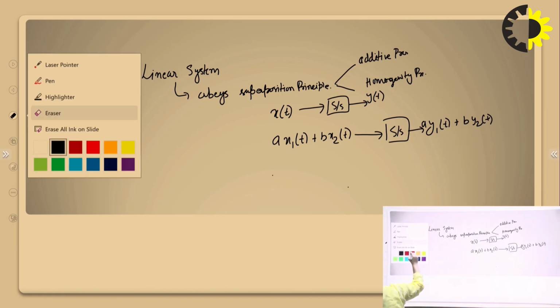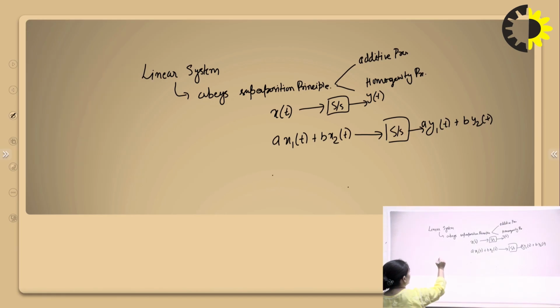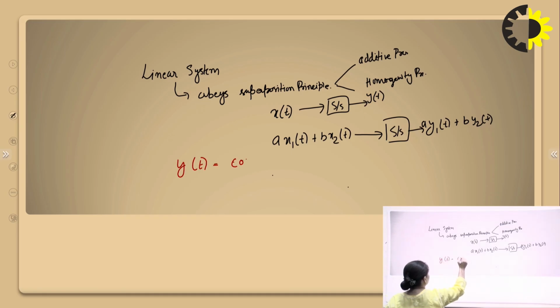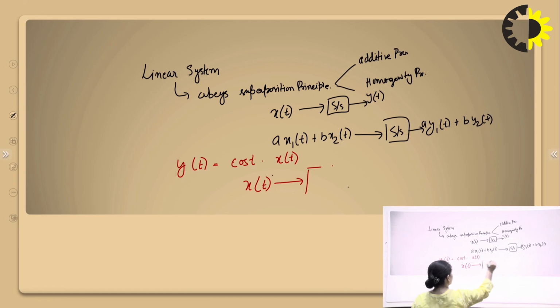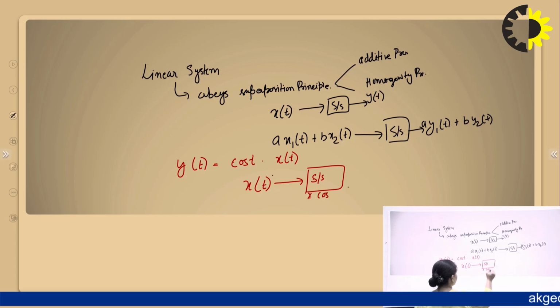That is, y(t) is equal to cos of t into x of t. Now let's start with our system. x(t) is given into the system, and what the system does is multiply x(t) with cos t, and we get y(t) equal to x(t) into cos t.